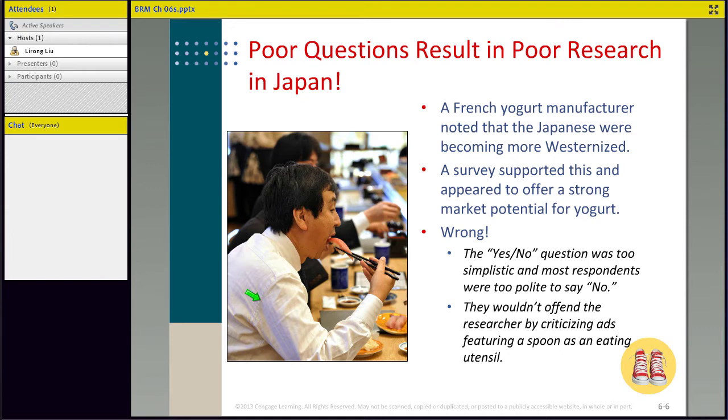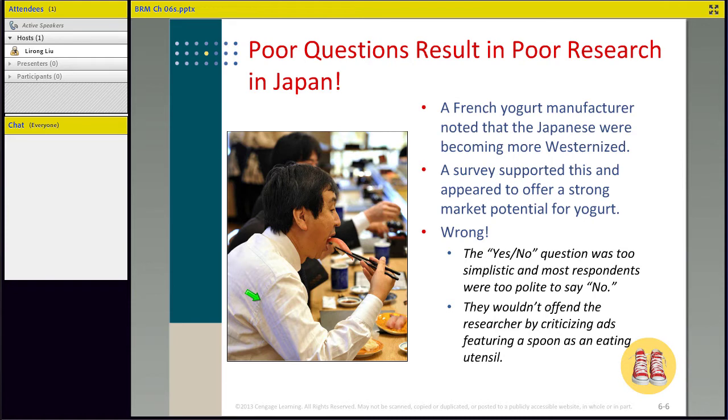Sometimes, if we ask the wrong question or pick the wrong type of question, we could get poor research results, and this may also lead to the failure of the new product, the campaign, or, I guess, the change or the solution.